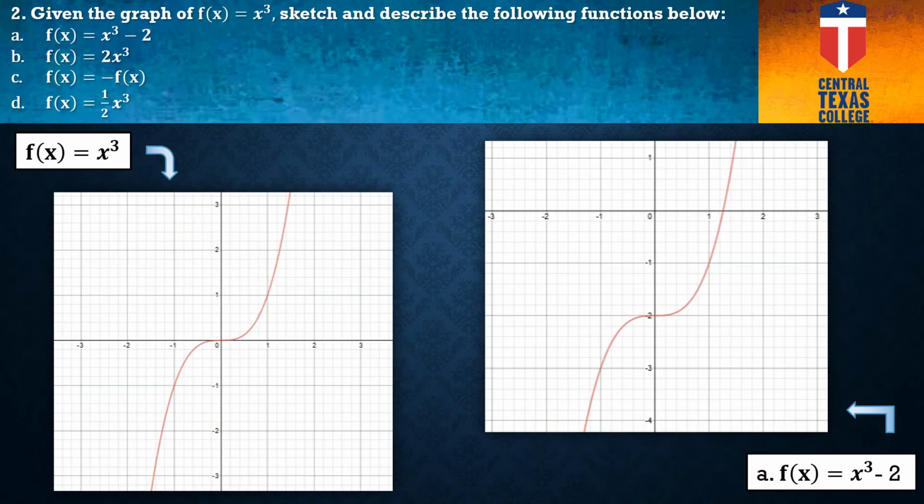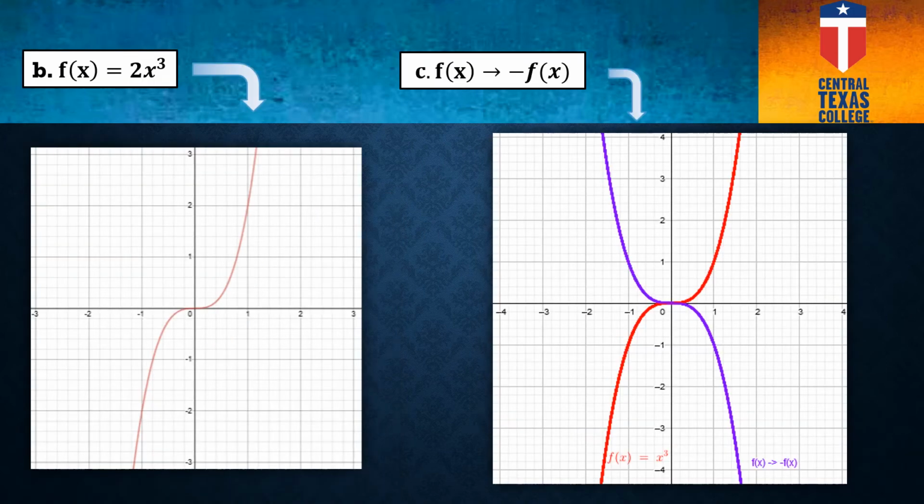For question 2, we have the given graph of f(x) = x cubed, which is a polynomial to the power of 3. We will sketch and determine the following questions below. For part A, we have f(x) = x cubed - 2, which means it was shifted 2 units down from the original graph, as you can see here.